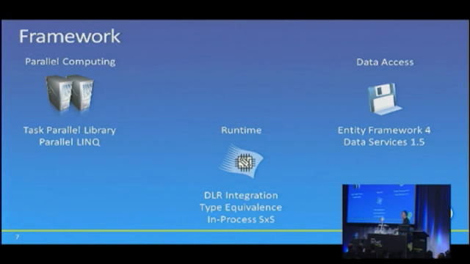We've got type equivalence, which I'll go into at the end of this presentation. And we've got in-process side-by-side running, so we can actually run the .NET 2 CLR and the .NET 4 CLR in the same process. So we get around some of that problematic changing of the CLR. We've also got, for data access, Data Services 1.5 and Entity Framework version 4.